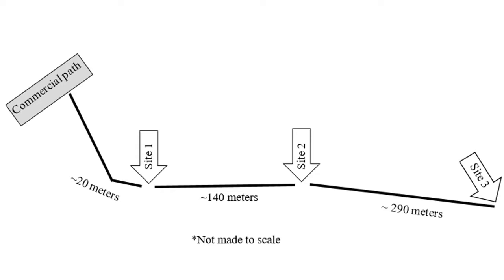I just marked where that was, and then I went down about 20 meters to site 1 where the stream was first accessible, and then I went 140 meters later back to where the stream was accessible and had a leaf pack there, and then 290 meters after that there was a third leaf pack when the stream was accessible again. And I used the total distance away from the path. So site 1 was 20, site 2 was 160, and site 3 was 450.